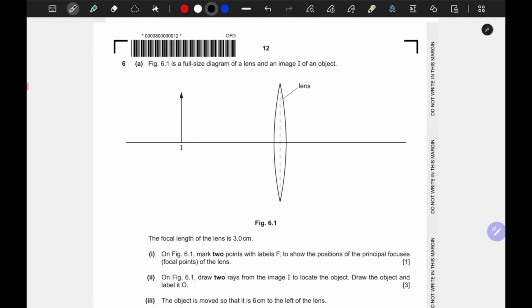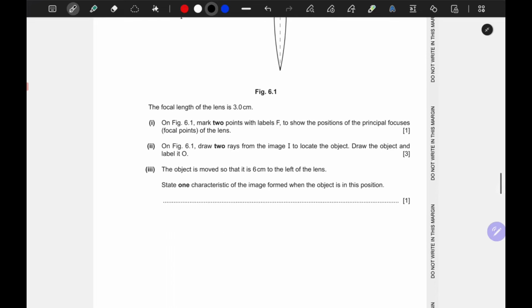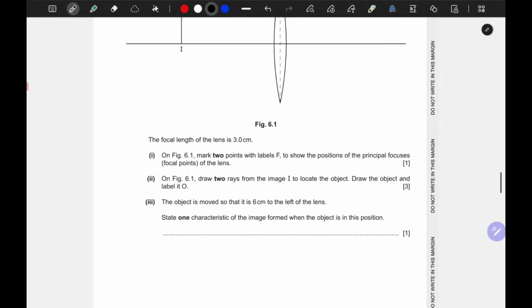Question 6a. Figure 6.1 is a full-size diagram of a lens and an image of an object. The focal length of the lens is 3 centimeters.